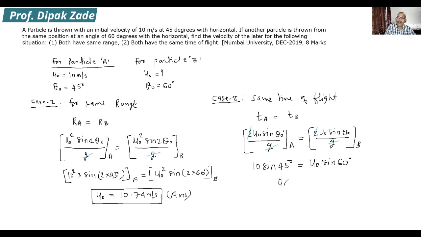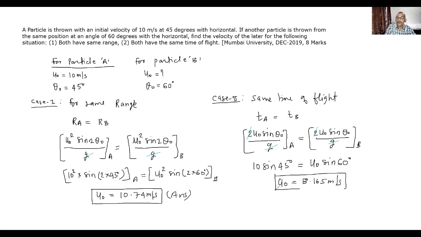In one step we will get u0 for the second case. Using a calculator, this comes out to be 8.165 meters per second. This is our answer for the second part of the problem.